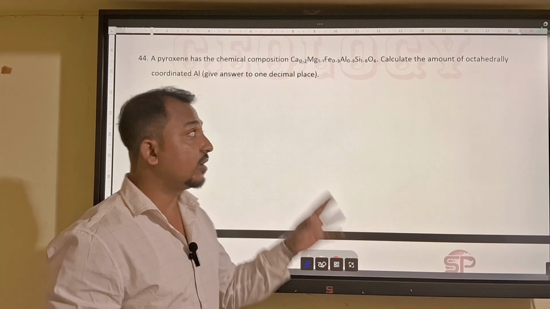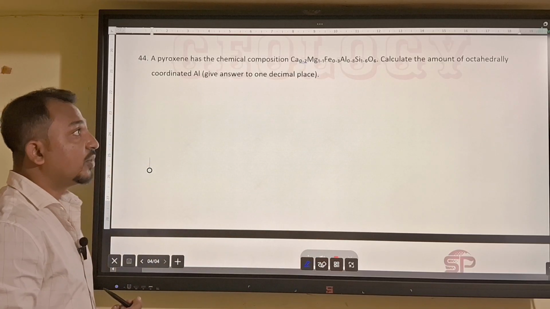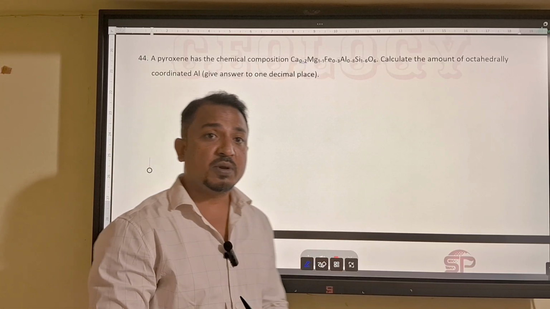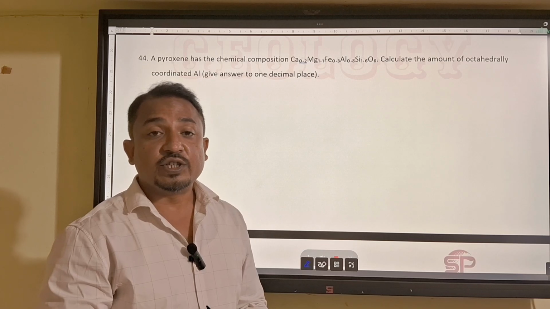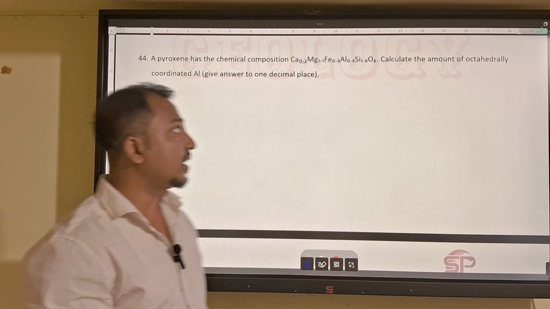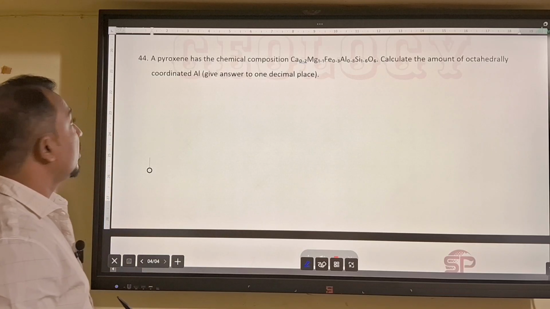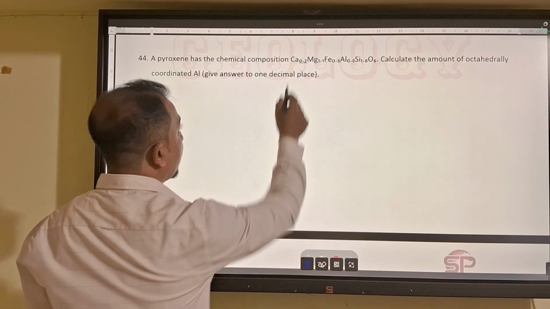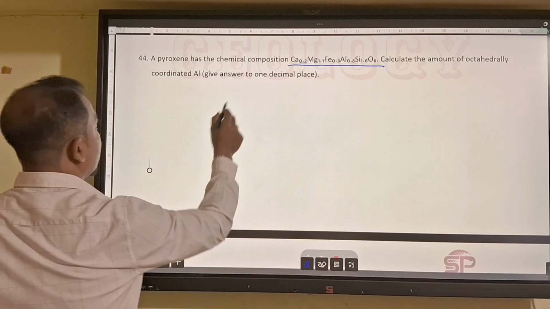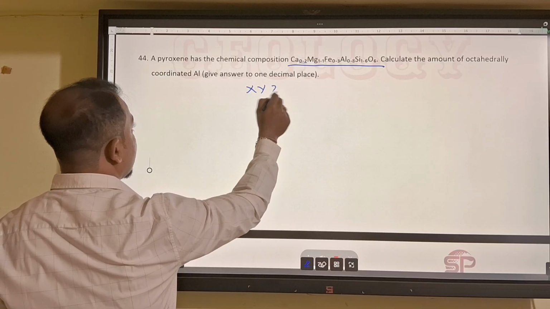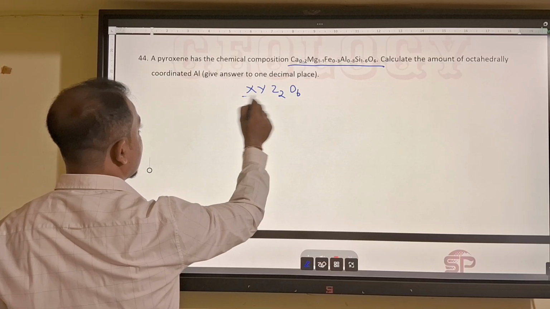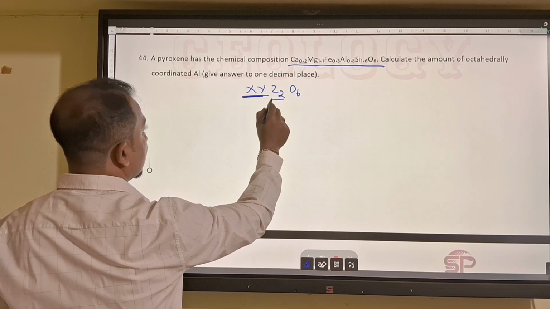This is also a very common problem. For this problem, you have to memorize the general formula of the mineral group. Here it is asked for the pyroxene. The general formula of pyroxene is XYZ2O6. X and Y are octahedral sites, Z is your tetrahedral site.